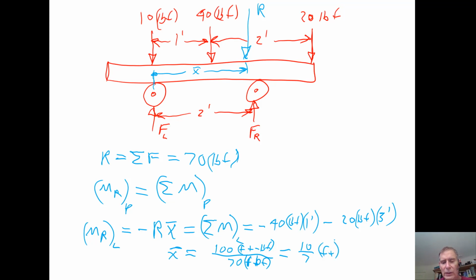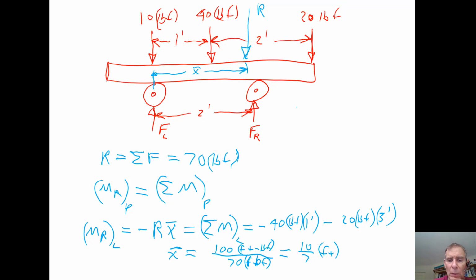So what we know now is that if we place a 70-pound force on this robot 10/7 or 1 3/7 feet from this axle, then the forces on the wheels will be exactly the same.